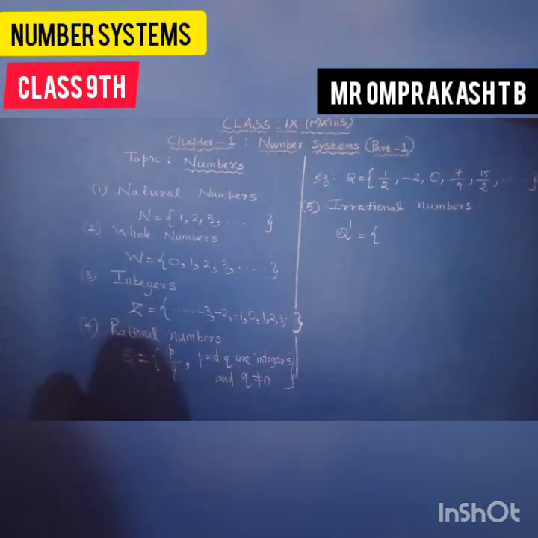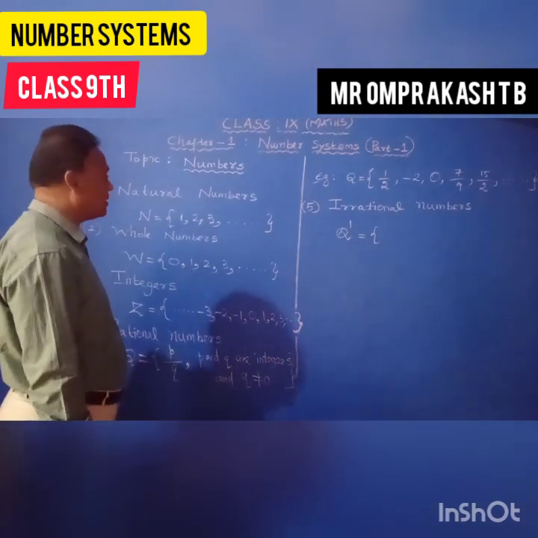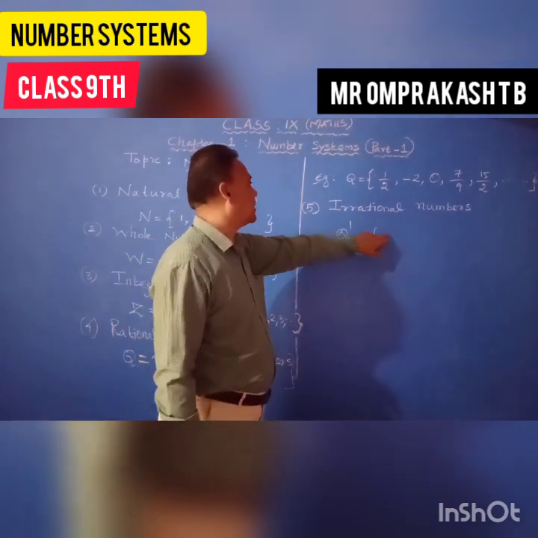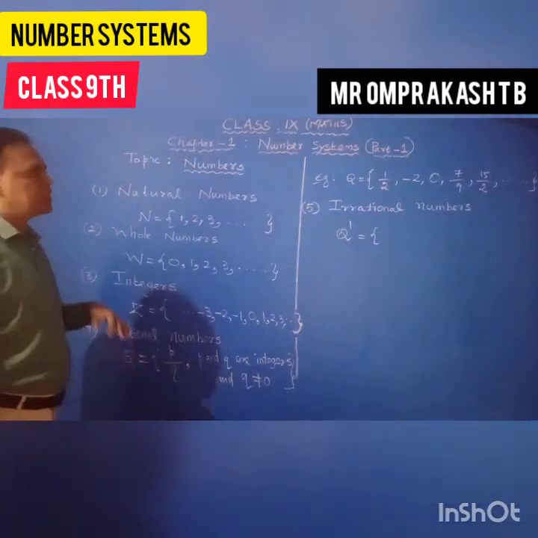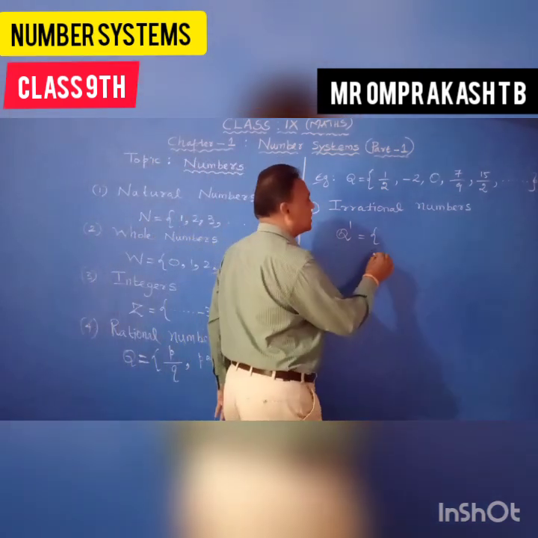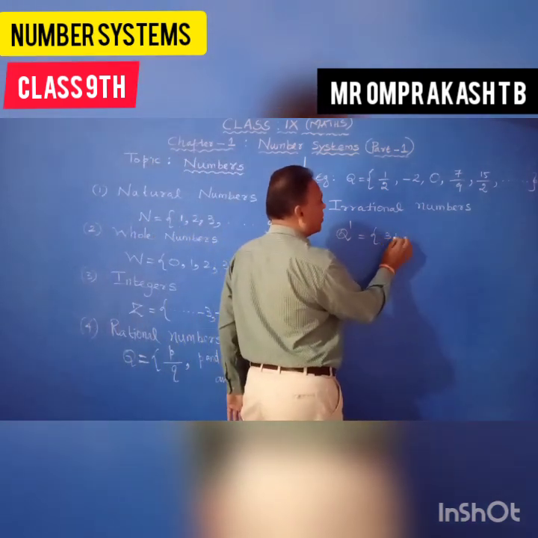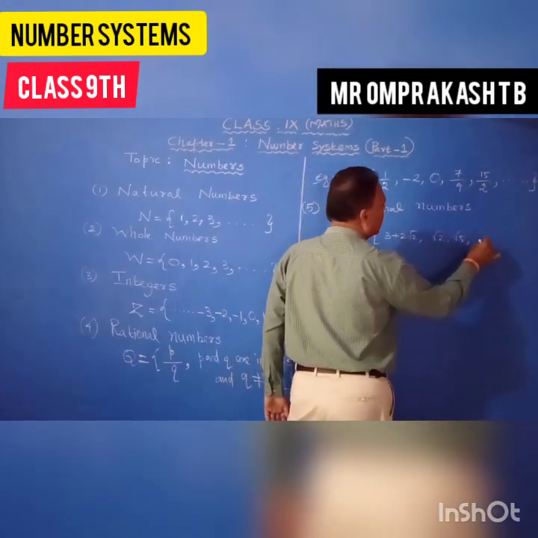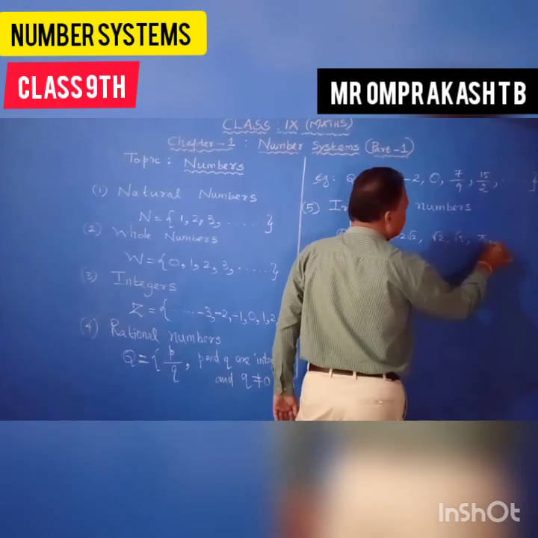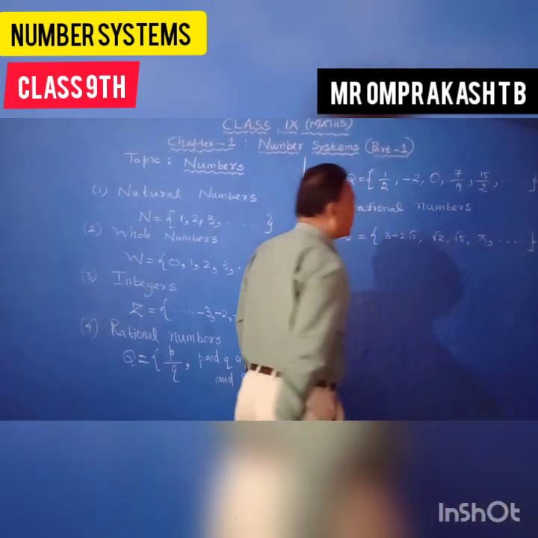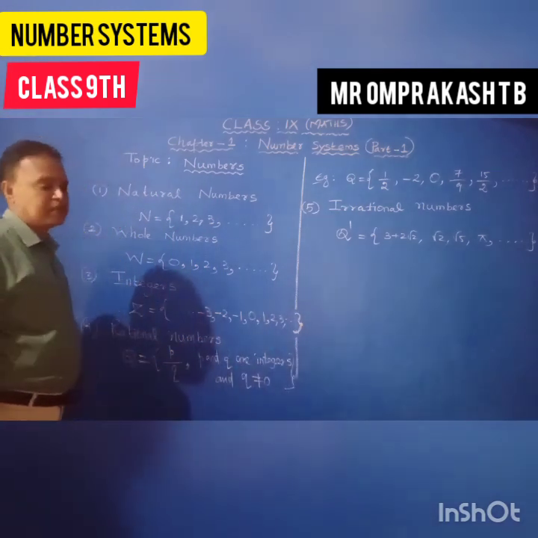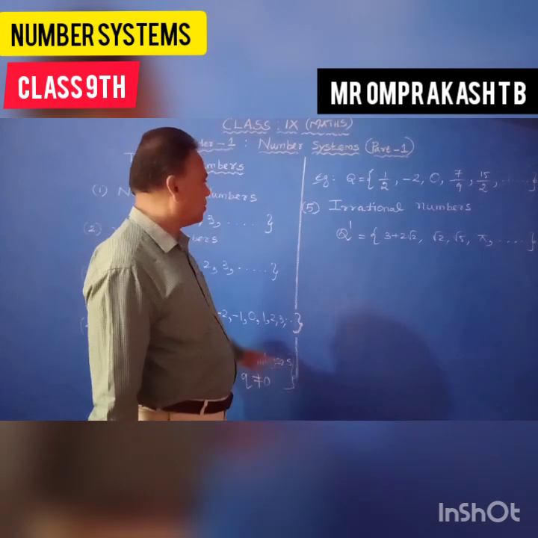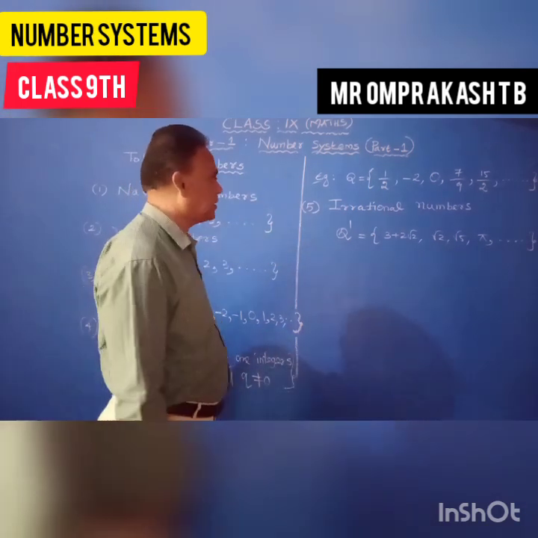Complementary set means whatever element is in Q dash is not in Q. That means irrational numbers, for example 3 plus root 2, clear? Root 2, root 5, then pi, etc. I will explain more later on. First you see the types of numbers, clear?